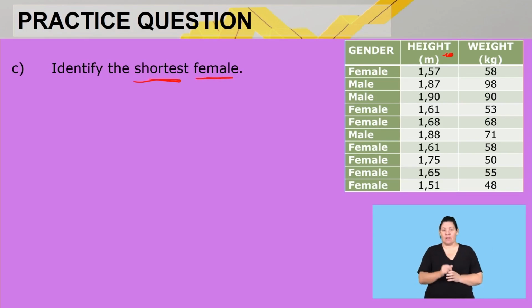So looking at the heights, I'm going to quickly run through them. 1.57, 1.87, 1.90, 1.61, 1.68, 1.88, 1.61, 1.75, 1.65, 1.51. Looking at all the heights here, it must be a female. So identify the shortest female here. So that will be 1.51 meters. All right. Okay.